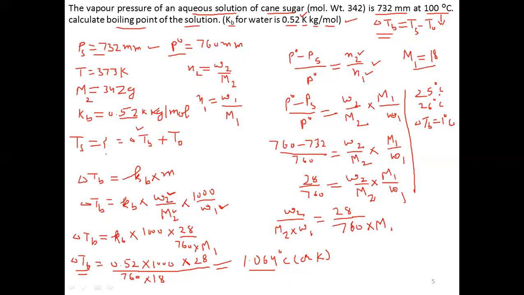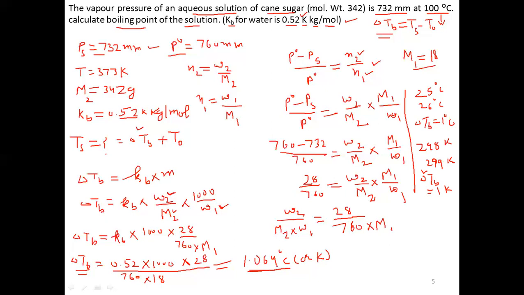Now if we convert it into Kelvin, 25 degrees Celsius is 298 Kelvin and 26 degrees Celsius is 299 Kelvin. Now delta TB is 299 minus 298, again 1 Kelvin. So if we have a difference between two temperatures, whether we take it in degree Celsius or Kelvin, both are the same. So in degree Celsius, delta TB is 1.064.